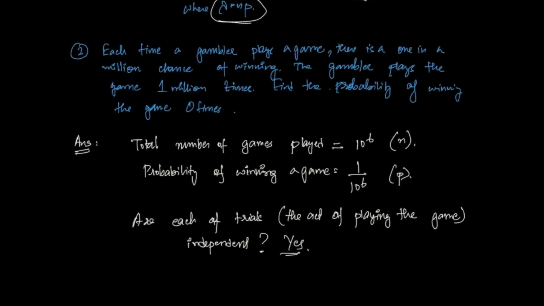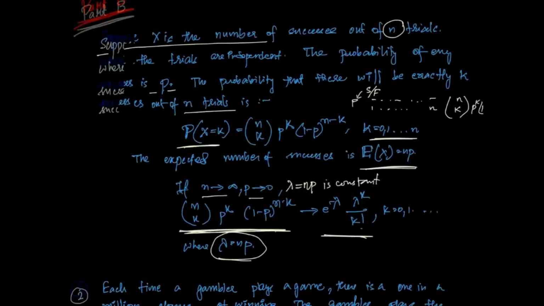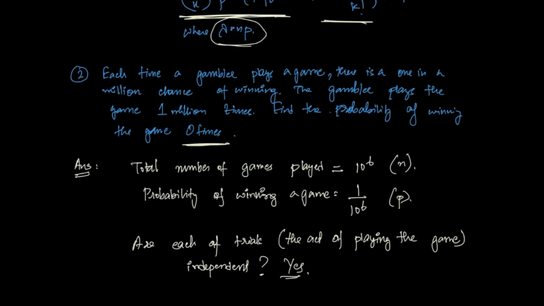So the first question is here. Each time a gambler plays a game, there is a 1 in a million chance of winning. The gambler plays the game 1 million times. Find the probability of winning the game 0 times. Let's reference the information that we have here.